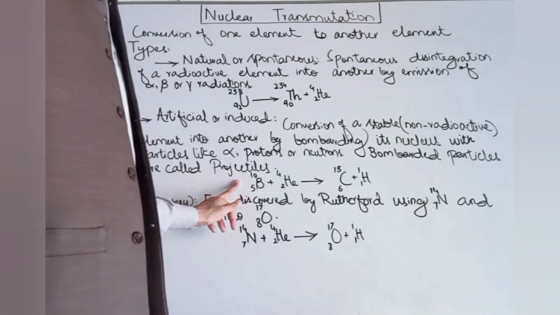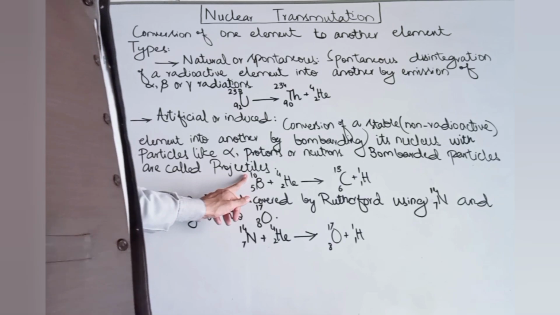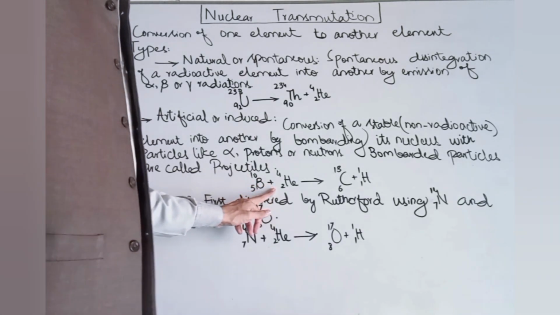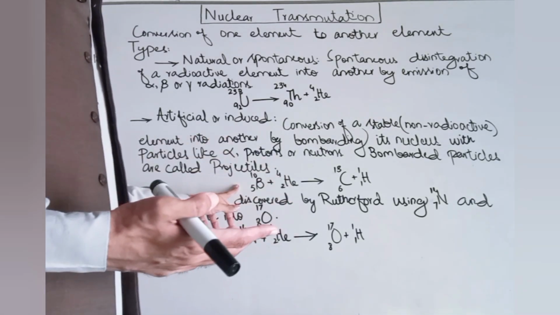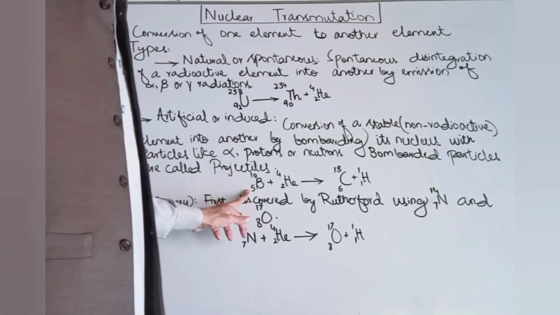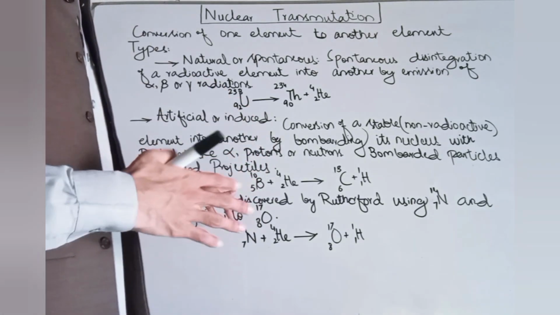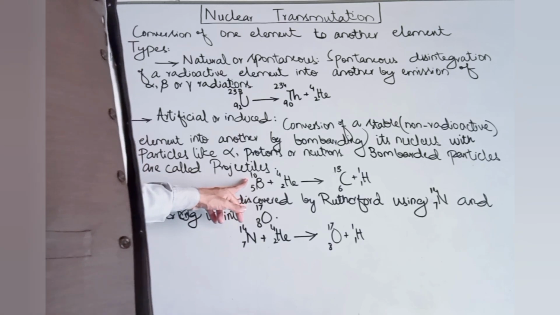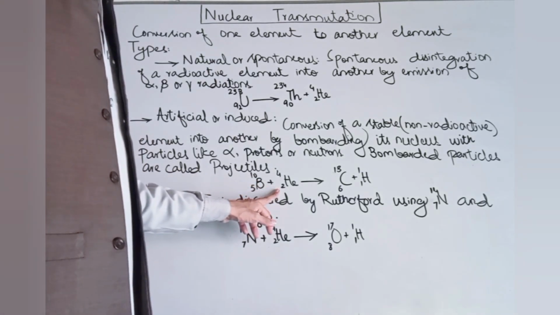One of the classical examples is given here: a boron-10 nucleus is bombarded by an alpha particle, and after the bombardment it becomes unstable. You people know that boron is a highly stable element. It has a very small atomic number, it's quite a stable nucleus, and it has no tendency to be converted into another, but we make this stable nucleus unstable by bombarding it with the alpha particle.